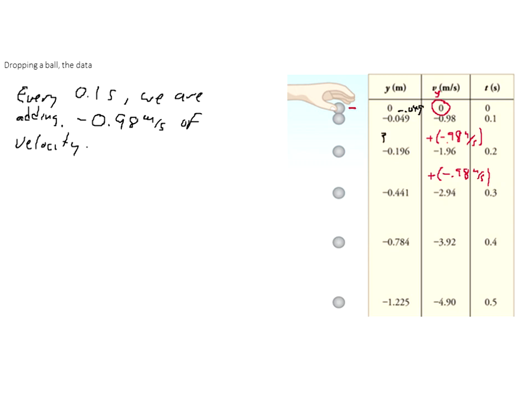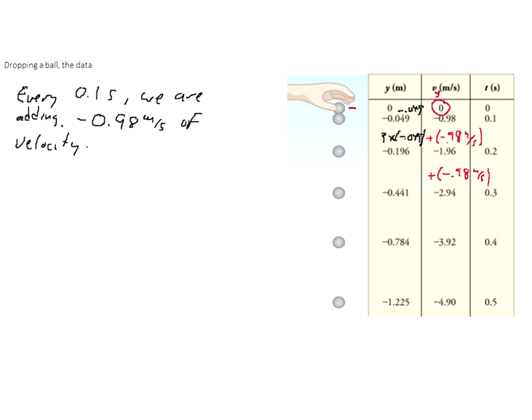Here we're adding 3 times negative 0.049. So this is like 0.15. And so we add another 0.05, 0.05, 0.05, so then we're getting it down to 0.2.